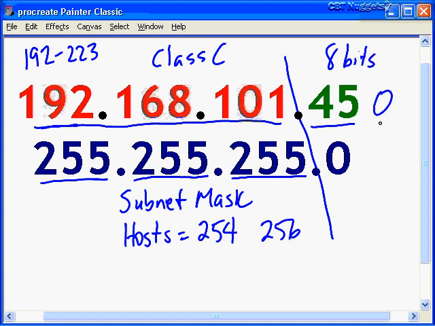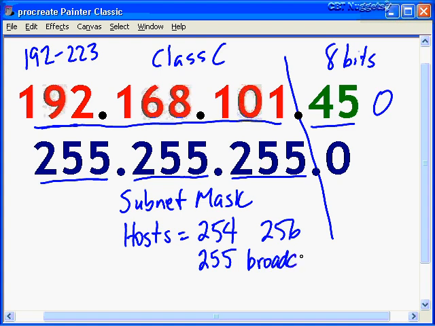192.168.101.0 is the actual network number. If it's a letter to my mom, think of it as the actual city, state, zip code that she's in, the region. And also 255, if you turn all these bits on, 255 is what's called the broadcast.